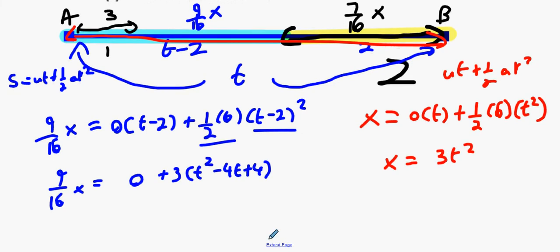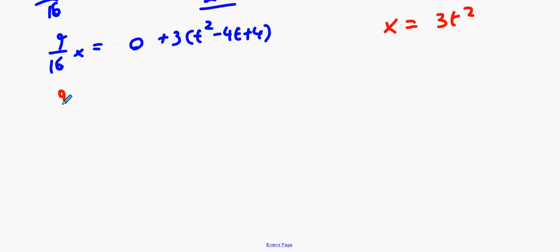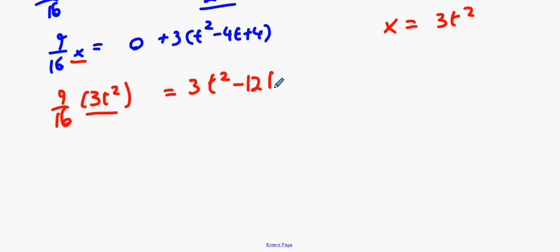So what we're going to have here now is 9/16 times 3t squared, because I'm subbing out x for 3t squared, and I believe that should equal 3t squared minus 12t plus 12. Now I'm going to multiply this by 9 to get 27t squared, and multiply all this by 16.